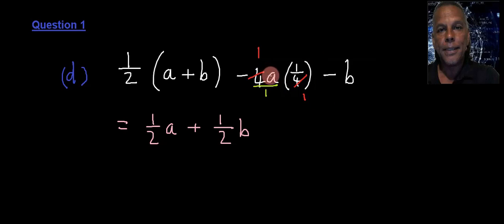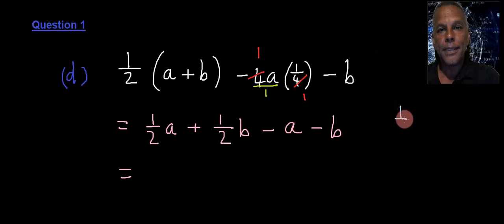Now we can multiply the numerators. So we have 1a times 1, which is just a, over 1 times 1, which is 1. So here we're left with a only. Now we can add like terms. A half a minus 1a.